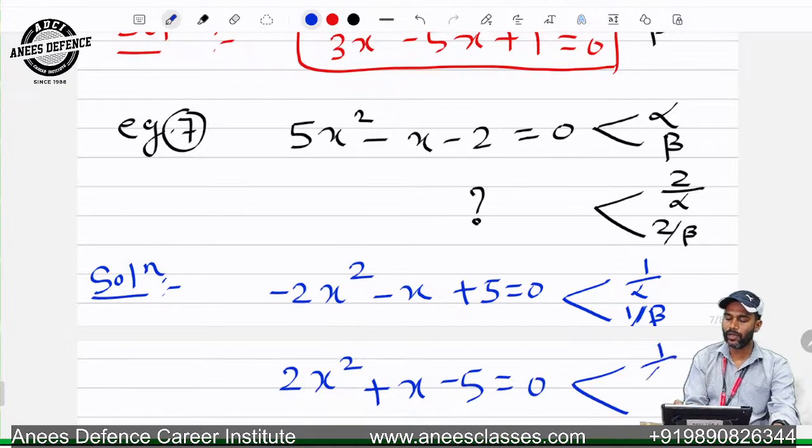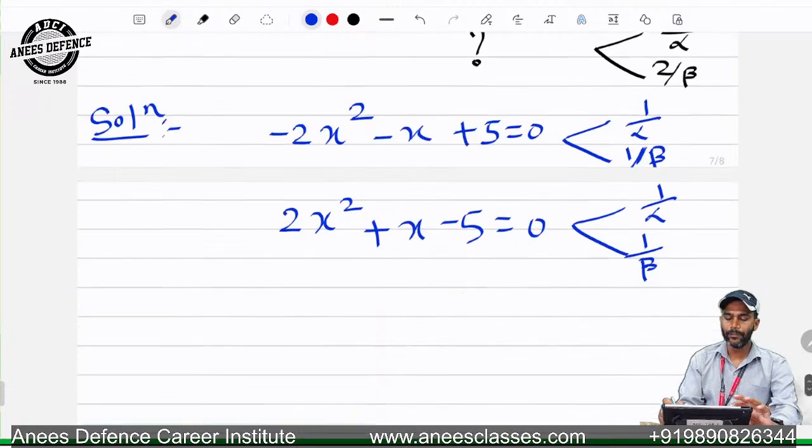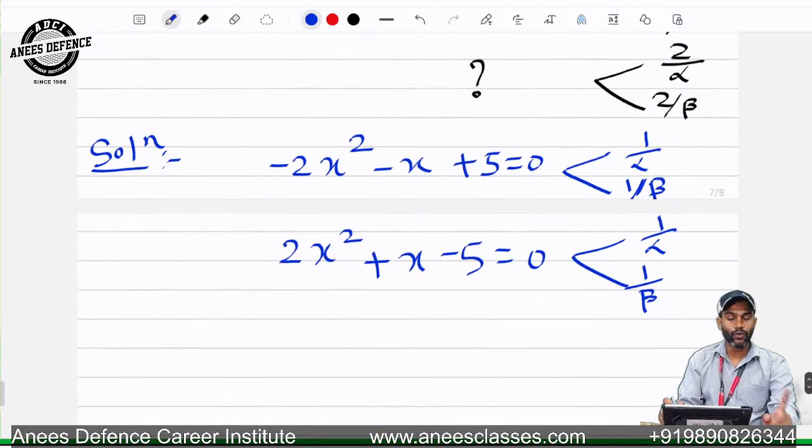Okay, 1 by alpha and 1 by beta is nothing but, suppose, alpha dash and beta dash. So now we have to find out the equation of which roots are 2 alpha dash and 2 beta dash.